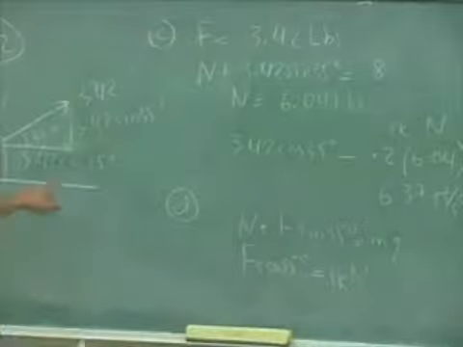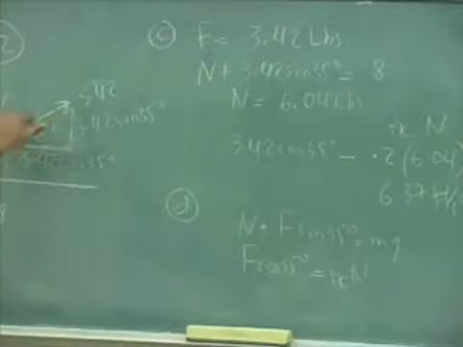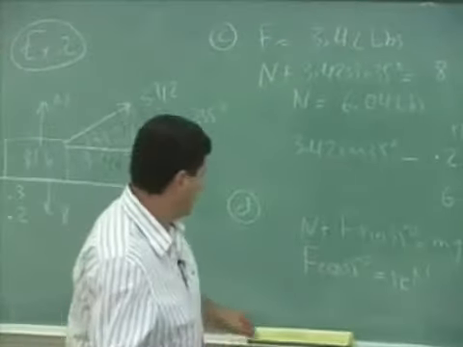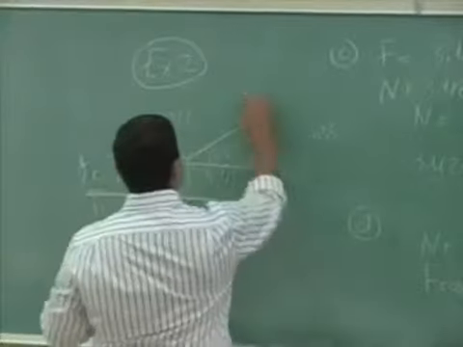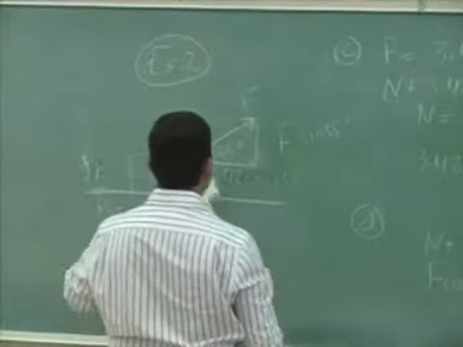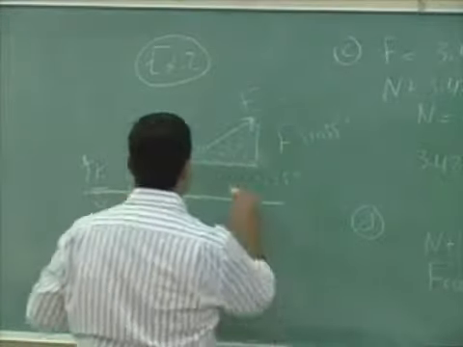So this is f, this is f sine 35, and this is f cosine 35.